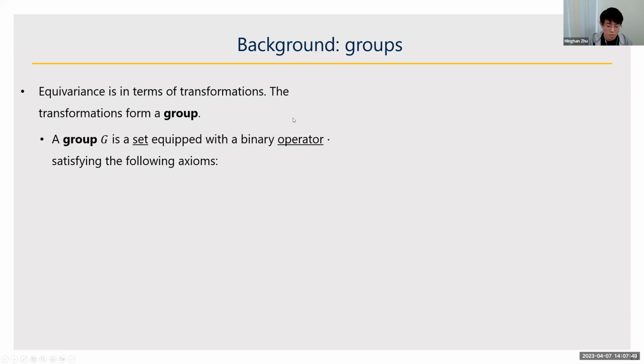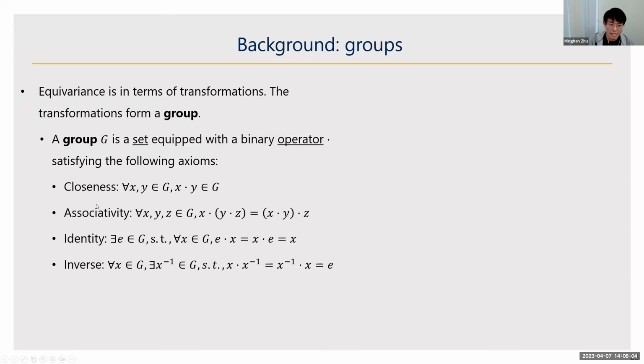In robotics, all the transformations actually belong to some groups. A group in math is a set of elements equipped with a binary operator, satisfying the four axioms, that is closure, associativity, identity, and inverse. Basically, these are very easy to understand axioms.